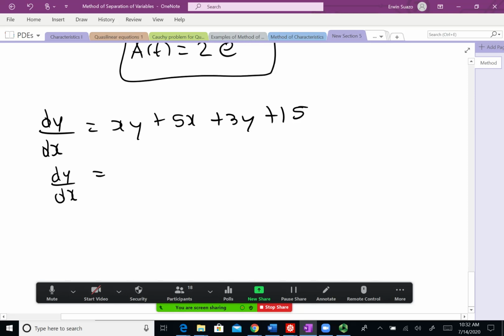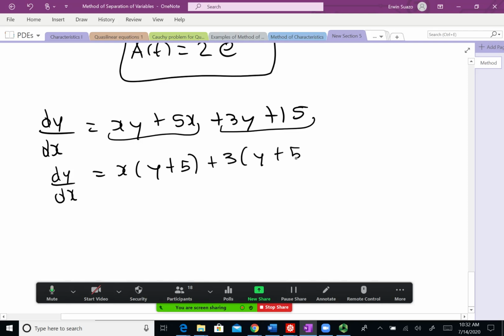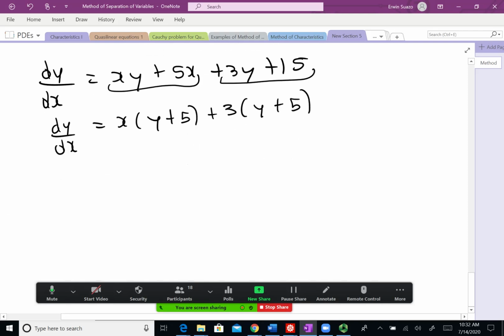We're going to do the following. On this part, we're going to factor x and get y plus 5. And in the other one, what could we do? Let's factor 3, so I get y plus 5. Okay, go ahead. What will you do now?